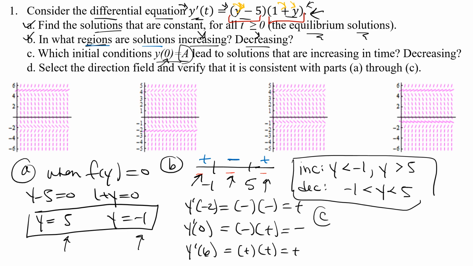You simply find out where my function is increasing and where my function is decreasing. What did we say before? The value for which it is increasing must be bigger than 5, and it also must be less than -1.